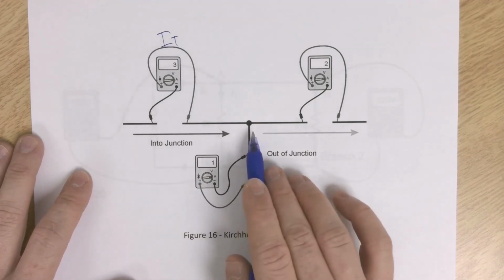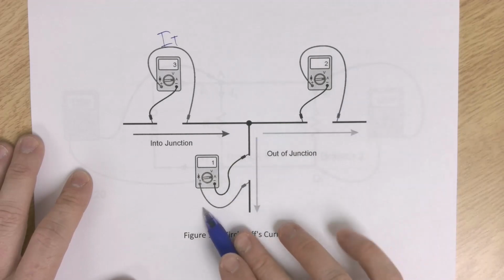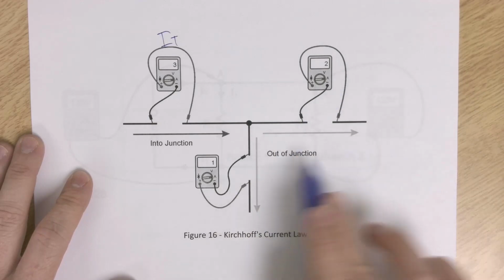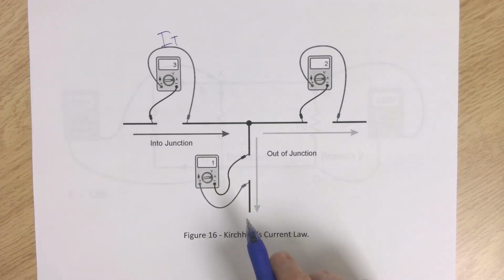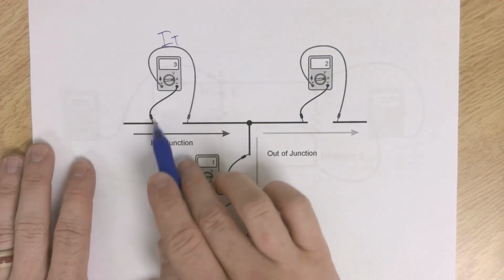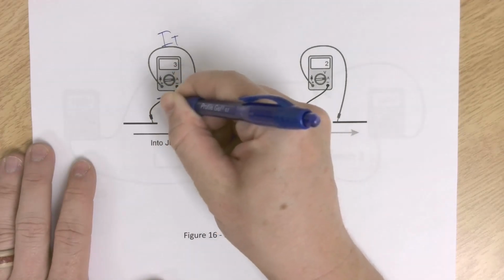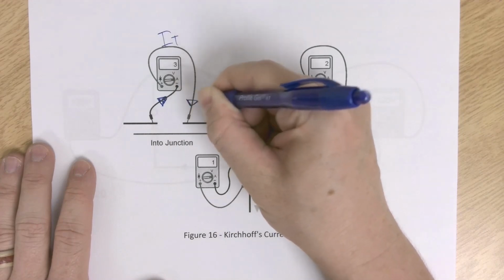Then after that junction, it's measuring 2 different ampacities, because the current has gone 2 different ways. If you see how these ammeters are connected, the current would come in on this line and then come back out on this line.